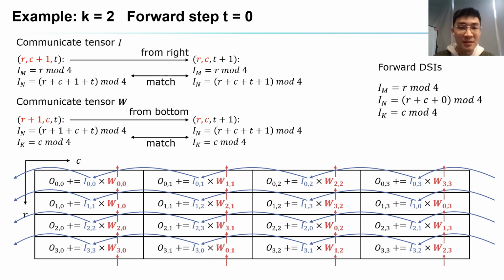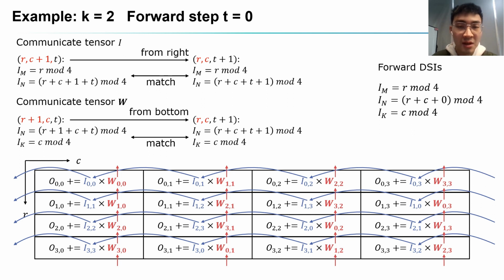As for tensor I, its DSIs match when evaluating RC plus 1, t and RC, t plus 1, which means each device should receive I from its right neighbor. Note that for the rightmost device, for example, device 03, its right neighbor is device 00. Applying similar reasoning to tensor W, we determine that each device should receive W from its bottom neighbor.